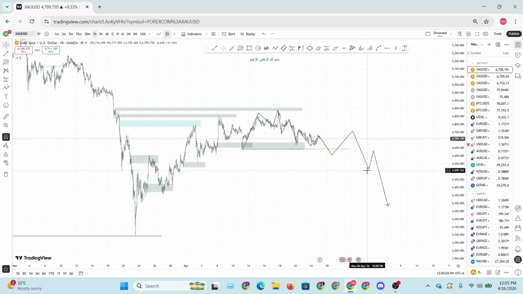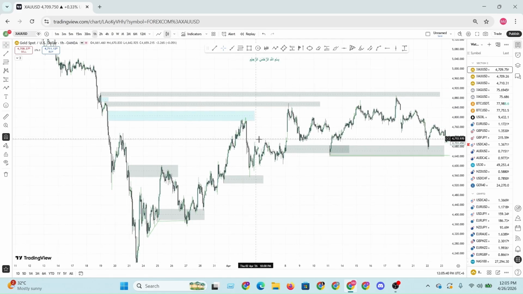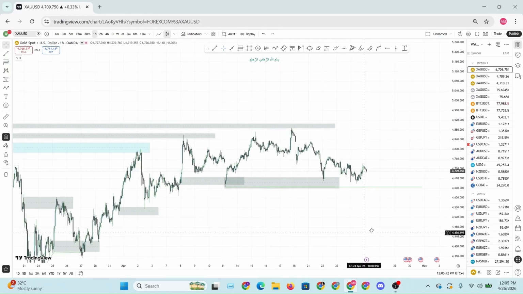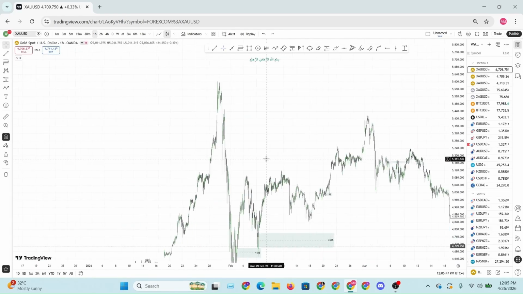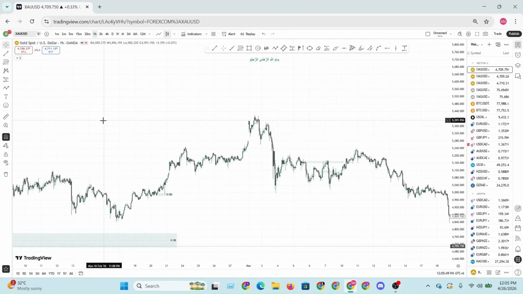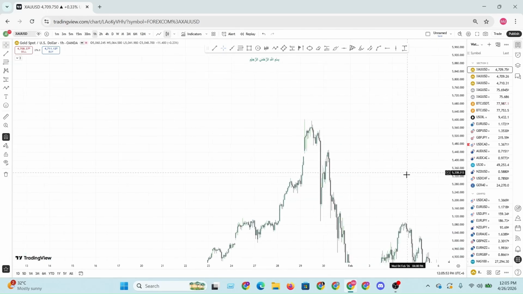But at least we are expecting 4,500 if the market breaks this level. You see the market moves from POI to POI, and POI to POI, and POI to POI. So it works on POI to POI when it gives liquidity to POI. Okay, let's see when it gives liquidity.